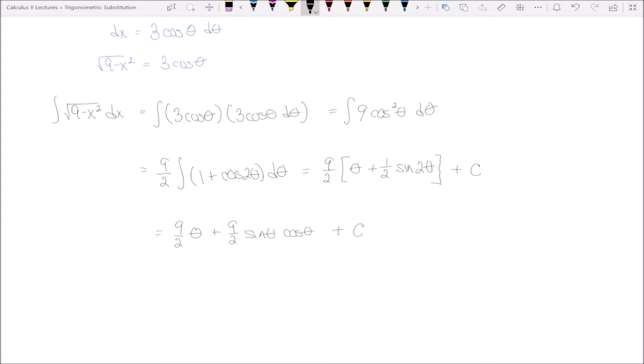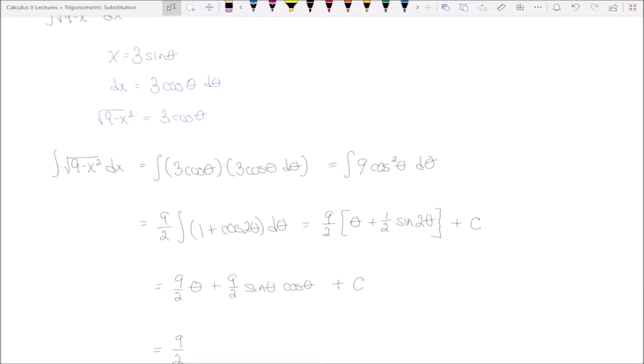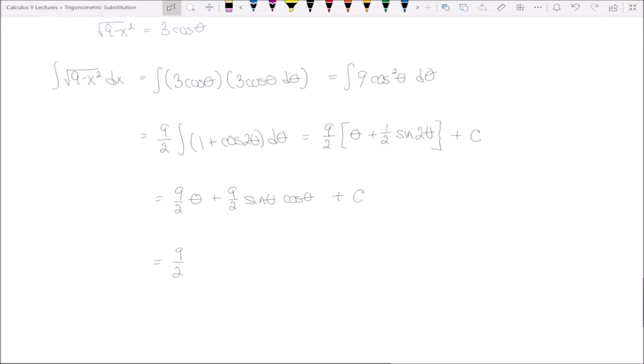Now what we need to do is convert this back into x's. Well, first let's look at theta. We can use sine of theta equals x over 3, so theta itself is the inverse sine of x over 3, plus 9/2.